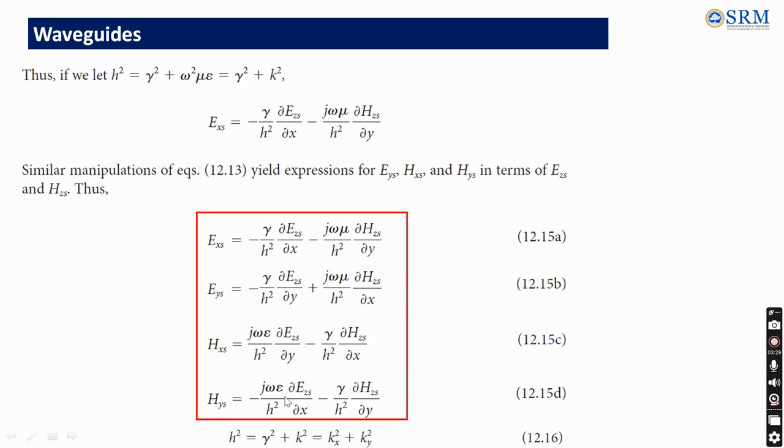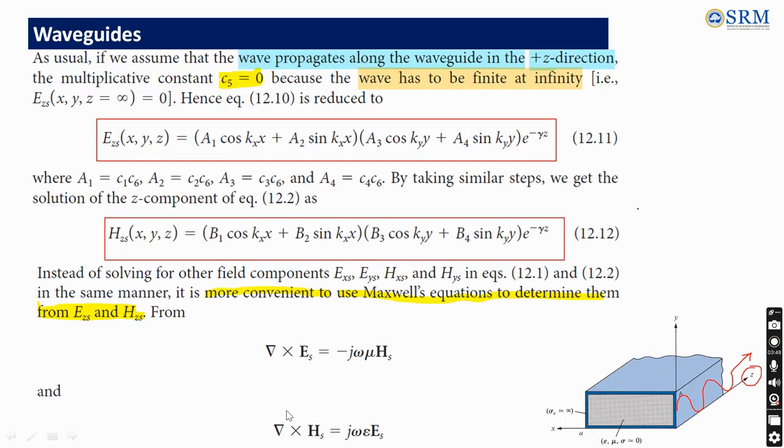Where h² is γ² plus k², that we know, and that can be equated to kx² plus ky². I hope everyone understood how to find the electric and magnetic field expressions for the rectangular waveguide. Six equations in total, these 4, and 2 more we have started in the 11th and 12th expression.